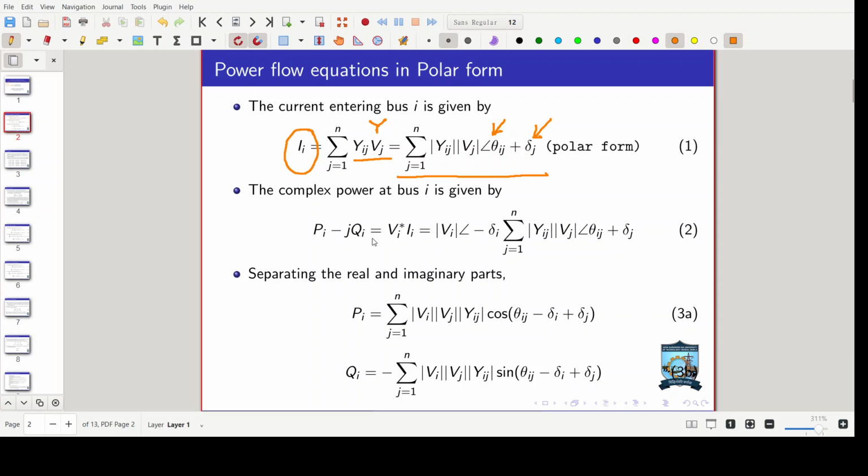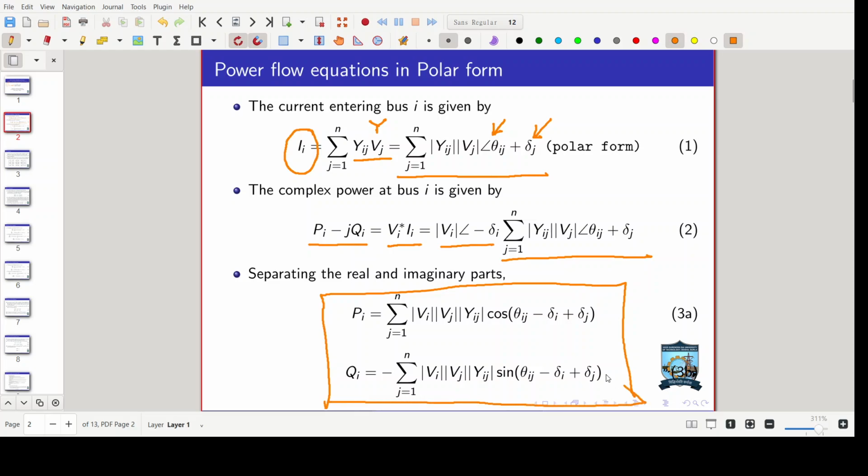The complex power is given by Vi I conjugate, but if you take the conjugate of both sides, it becomes Pi minus jQi, which is Vi conjugate Ii, and this becomes Vi with minus delta into this form. When we separate the real and imaginary parts, we get the power flow equations to be this: Vi Vj Yij cos(theta ij minus delta i plus delta j), and sin(theta ij minus delta i plus delta j).